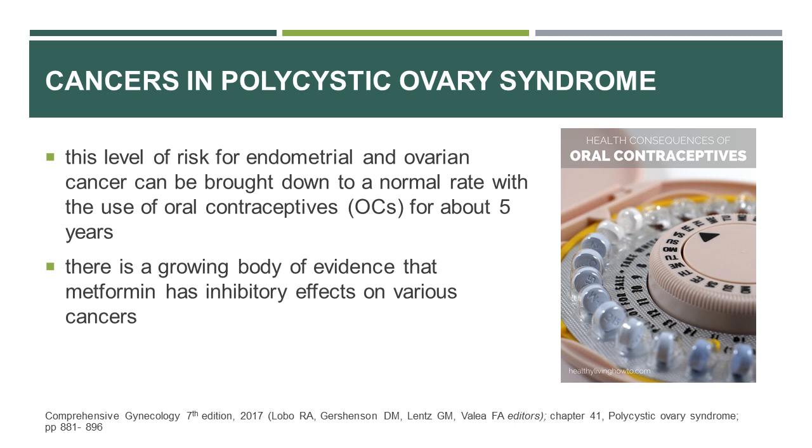Also of interest is that there is a growing body of evidence that metformin, which may also be used for women with PCOS, has inhibitory effects on various cancers, and the data are strongest for endometrial and breast cancers.